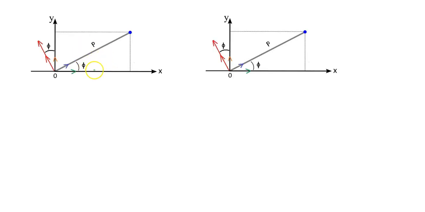Now we are going to find the unit vectors of the cylindrical coordinate system in terms of the unit vectors of the Cartesian coordinate system, and the unit vectors of the Cartesian system in terms of the unit vectors of the cylindrical system. Here I have shown, you should not have any difficulty. I am sticking to the conventions.